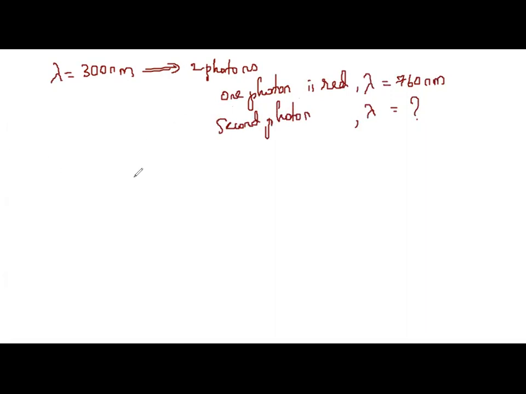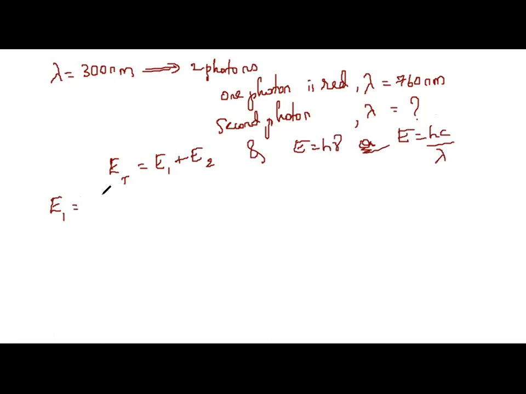Now see, we know that the total energy E total is equal to E1 plus E2. Correct? This is known to us. And we also know that E is equal to h nu. But since it is in wavelength, I can write E is equal to hc by lambda. Since hc remains constant, E1 is 1 by lambda 1, E2 is 1 by lambda 2.